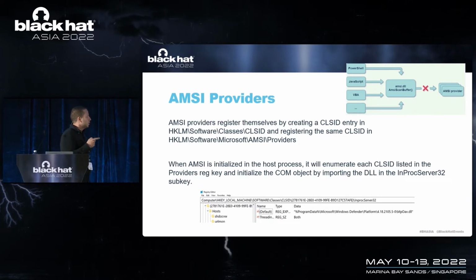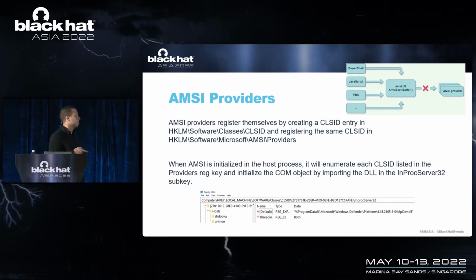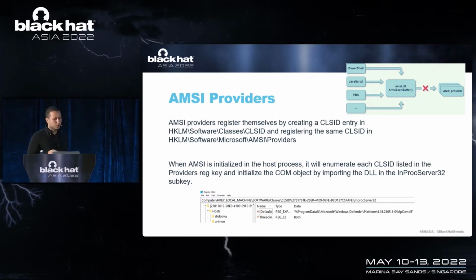You can see the in-proc server subkey, this is basically the CLSID of Microsoft Defender's implementation of an AMSI provider. We can see that it declares a subkey named in-proc server 32, and this subkey lists the path of the DLL. This is basically the AMSI provider itself. It contains all the code and all the things that are relevant to this provider.